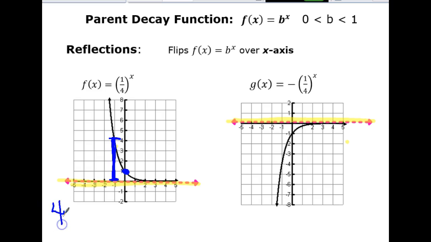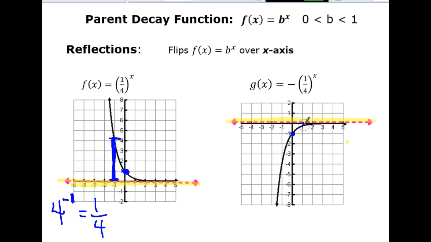When you go to the left, that's a -1 exponent. Fun fact from our exponent unit: when you have something to the -1 power, that is the reciprocal. That's why it's a 1/4 instead of a whole number 4. On this one, there's our key point. Can we count one to the right?